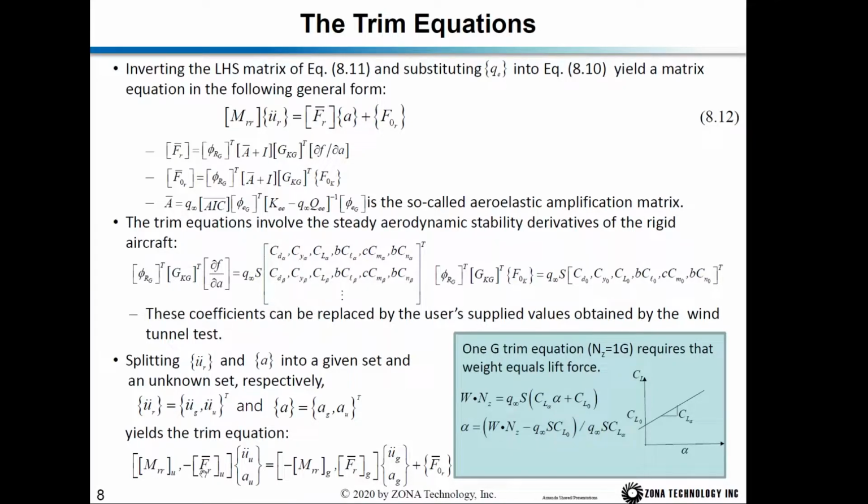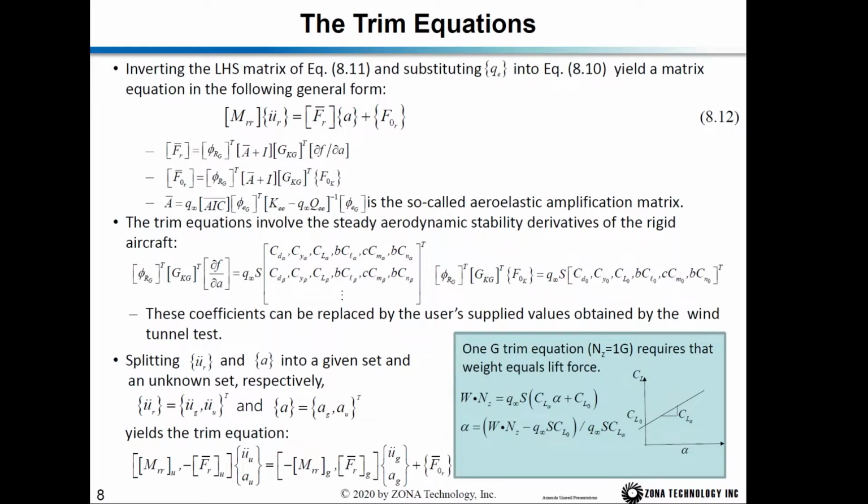So we have this matrix, and if this matrix is a square matrix, we can invert it and solve for the unknown trim degrees of freedom and trim variables.